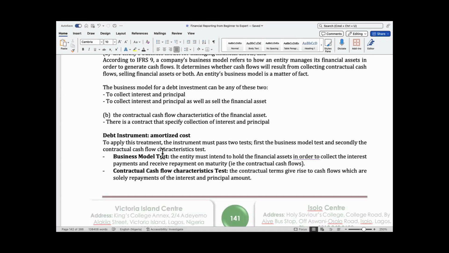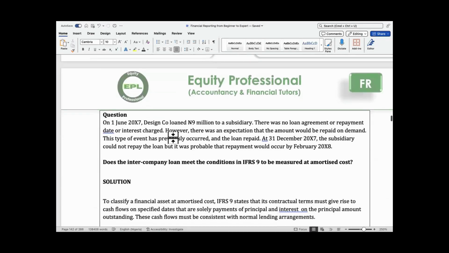If it is fair value through P&L, you take the gains to P&L. If it is fair value through OCI, you take the gains to OCI. The same thing applies to this one also. So the only one I have not mentioned is amortized cost.